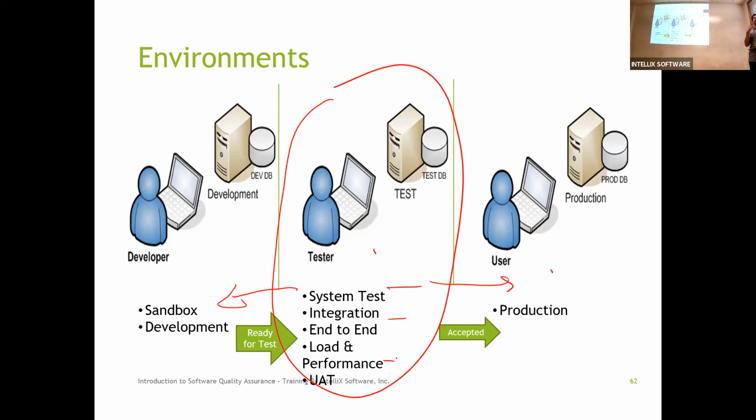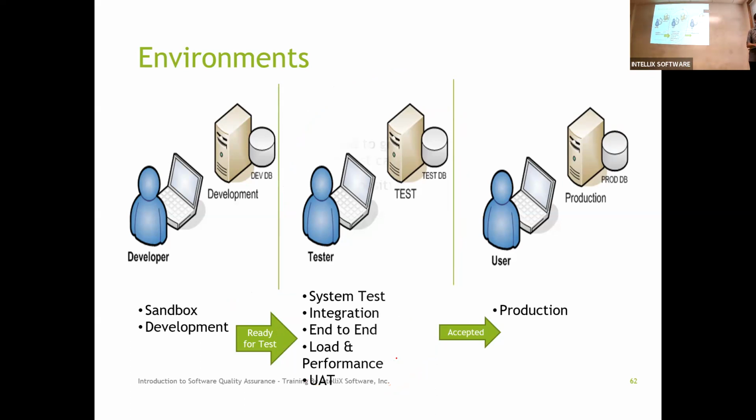You may just say it's user acceptance testing. When they are performing it, we are not going to do any more load and performance. These 2 or 3 days are reserved for user acceptance testing. You can do those kinds of things, but it's still a dedicated environment if you think about it. Okay. We'll go into each one of those testing types and what they mean in a moment.